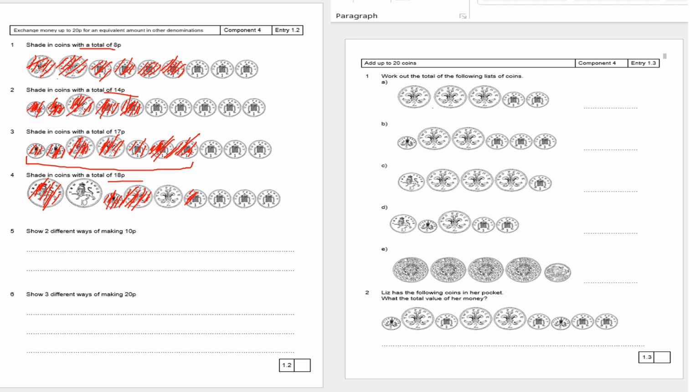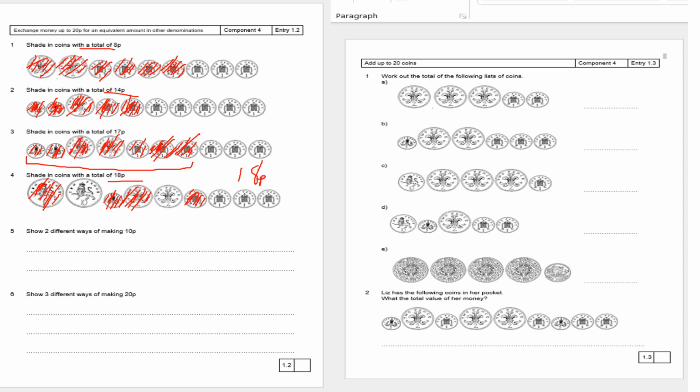So be very careful here, guys. Don't immediately always shade the ones that are next to each other. 18p is made up by doing 10p plus 5p plus 2p plus 1p, and that gives you 18p.